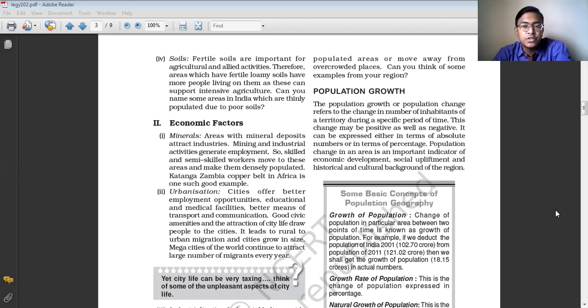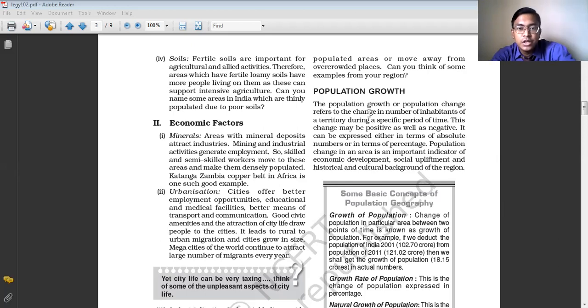This population growth can be positive or negative, because in many cases the population increases, and in some cases, instead of increasing, the population decreases in certain areas. The areas where the population goes on increasing is known as positive growth. But in many cases the population decreases, which is known as negative growth of population.